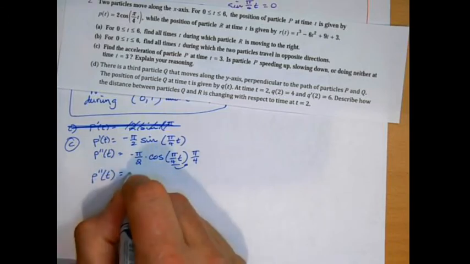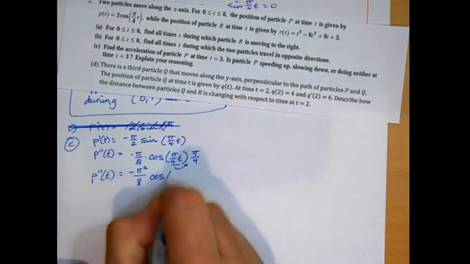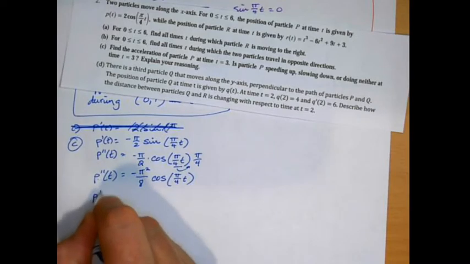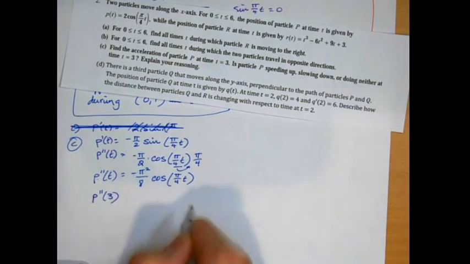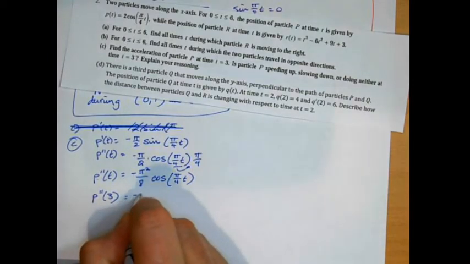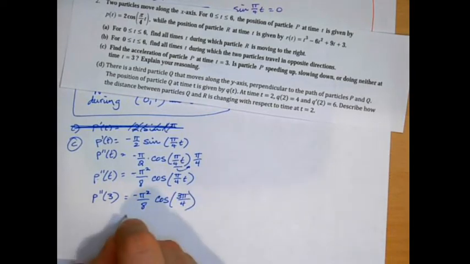So P double prime of t is negative pi squared, pi times pi is pi squared, over 8 cosine of pi over 4t. They want to know P double prime of 3. Okay? So we have negative pi squared over 8 times the cosine of 3 pi over 4.